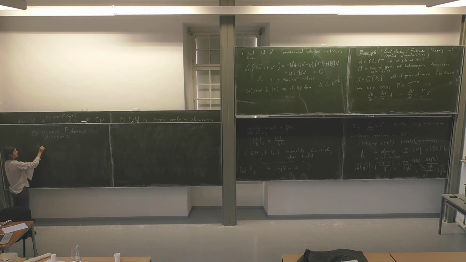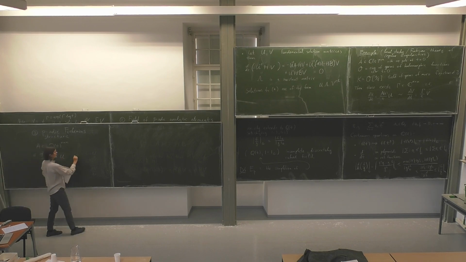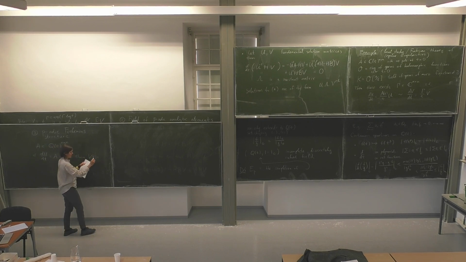We take A to be a matrix with rational entries and observe that if U is the solution to this linear system, then V of t is U of t to the p to the h.